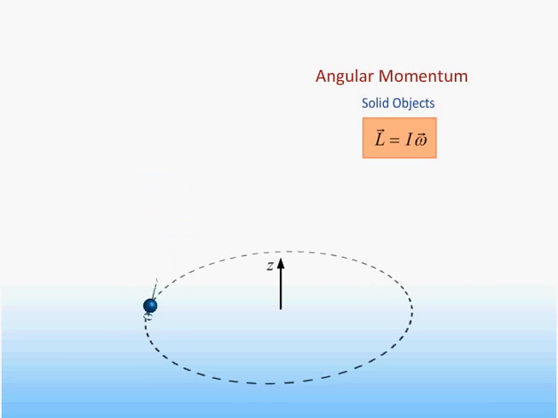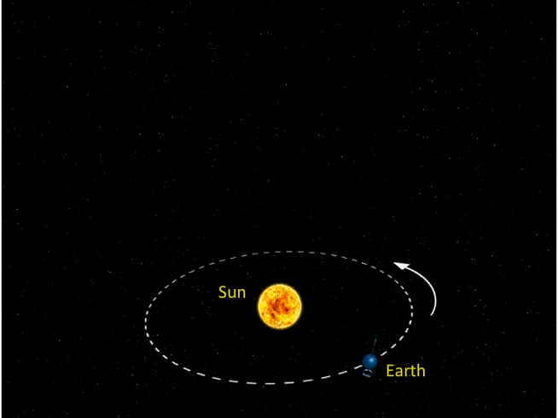Now, what if the spinning object were itself moving around some other rotation axis? A good example of such a situation is the Earth, spinning around its own axis once per day while moving around the Sun once per year.